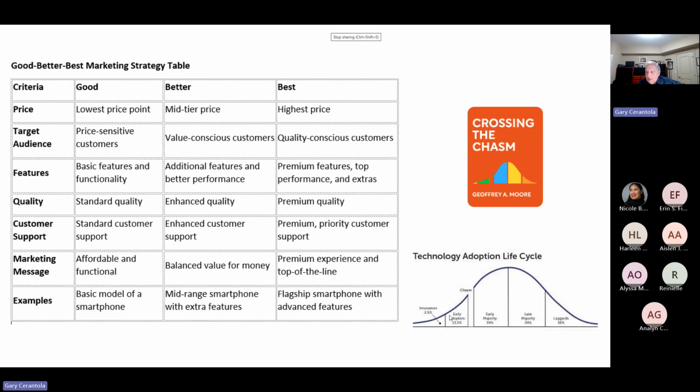If you're just attracting what he calls innovators, they're not regarded in business as players. But the next portion, and this is a distribution line, 13.5% of the buyers are early adopters, and they're credible.